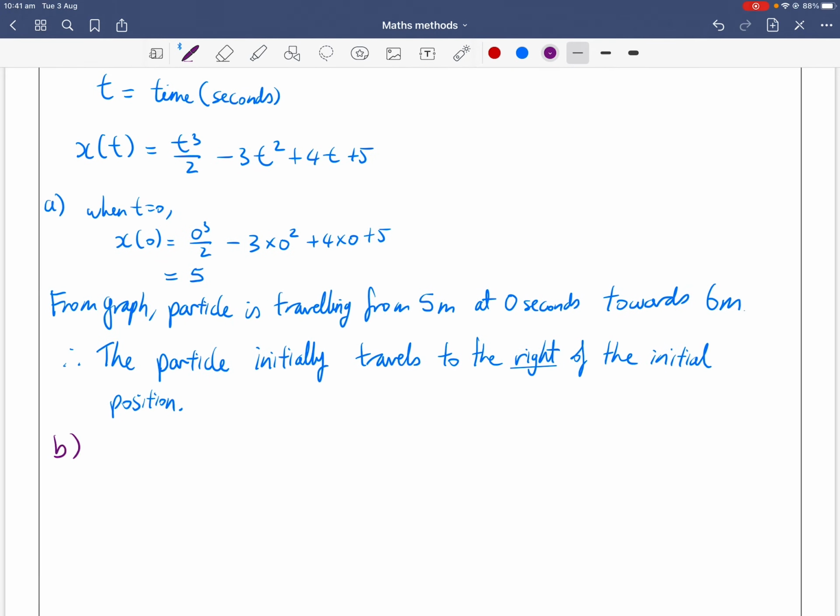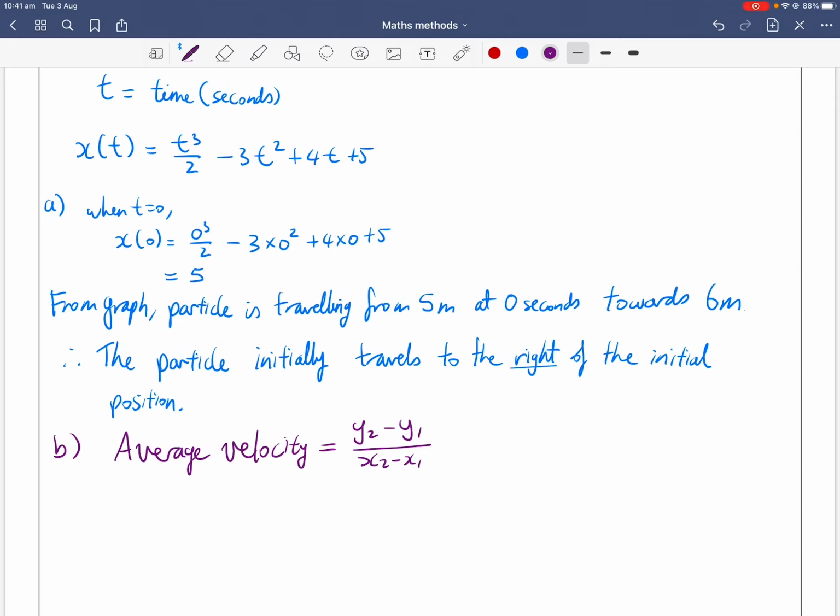So average velocity is your gradient, aka y2 minus y1 over x2 minus x1. I guess the difference is that instantaneous rate of change, or instantaneous velocity, would be your derivative.